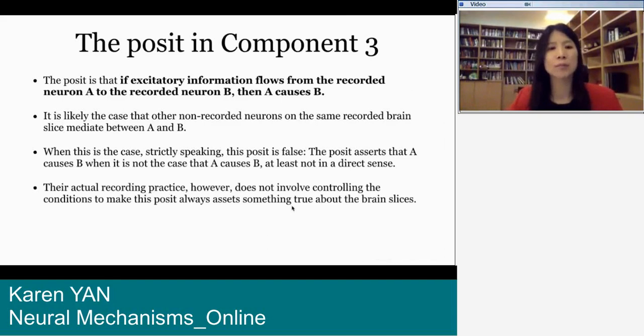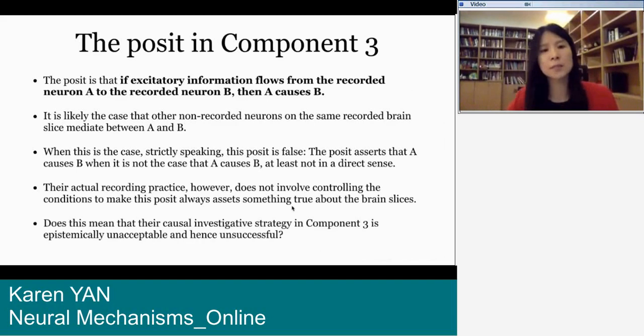But their actual recording practice does not involve controlling the condition to make this posit always assert something true about the brain slices. Remember, they record 300-something brain slices, and in some cases this posit might assert something true about the target neural circuit, but in some cases maybe it says something false about it.